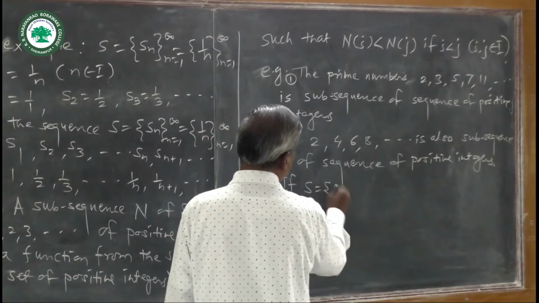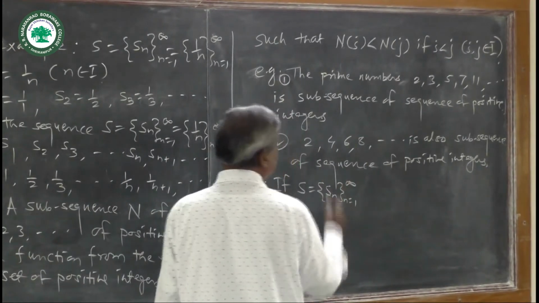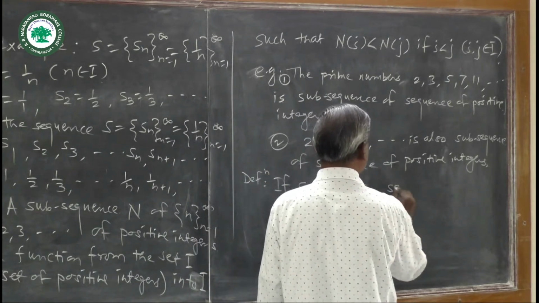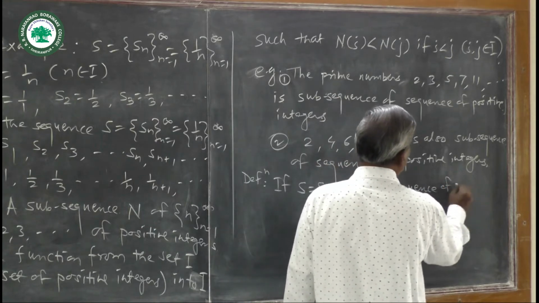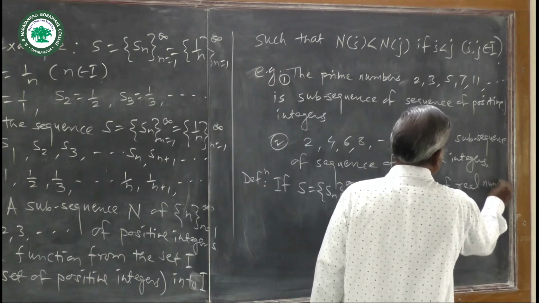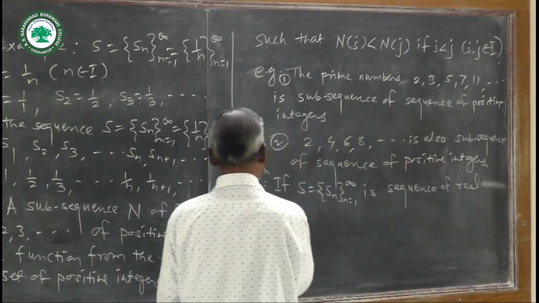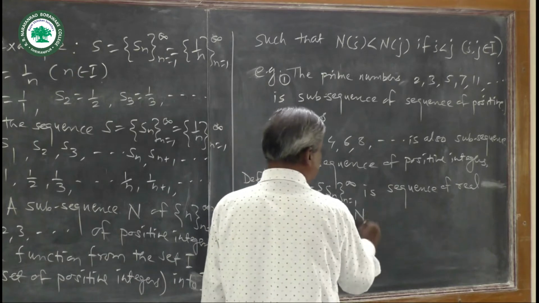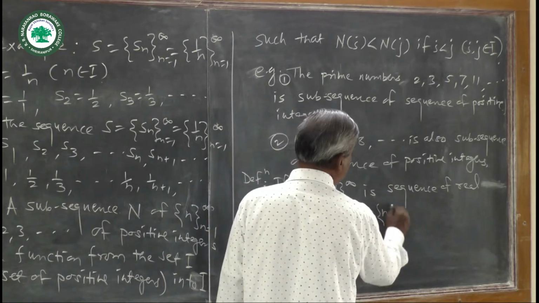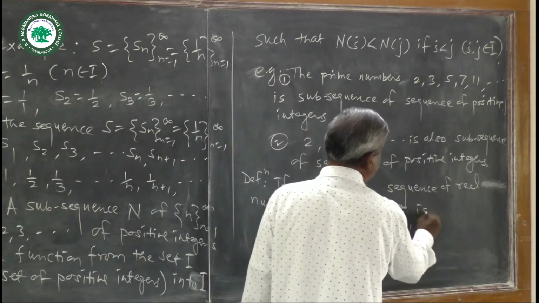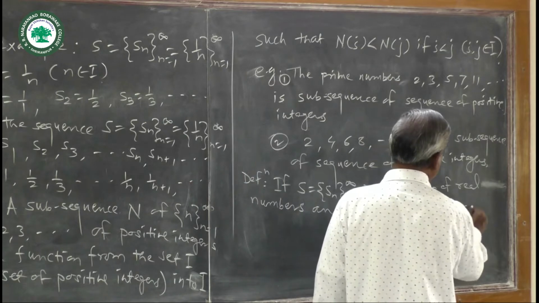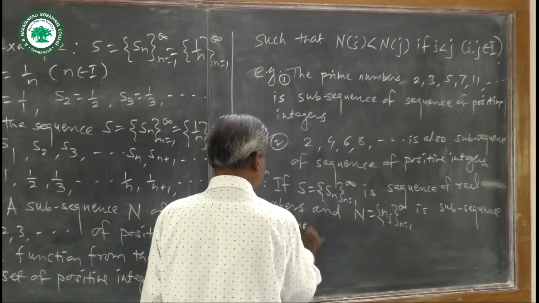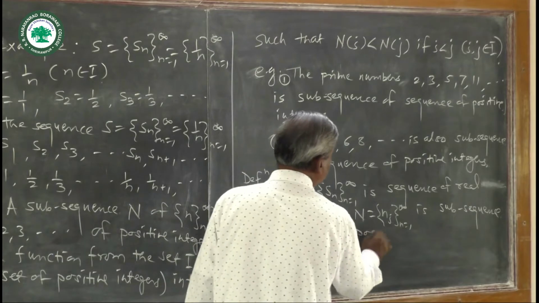If S is equal to S suffix n, n is equal to 1 to infinity, is a sequence of real numbers, and capital N is equal to n suffix i, i is equal to 1 to infinity, is a subsequence of the sequence of positive integers.